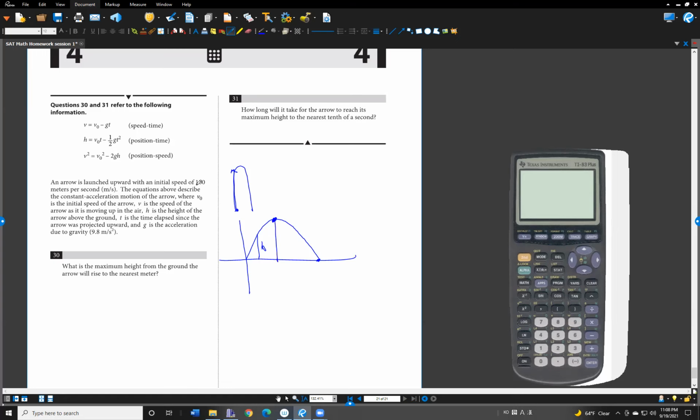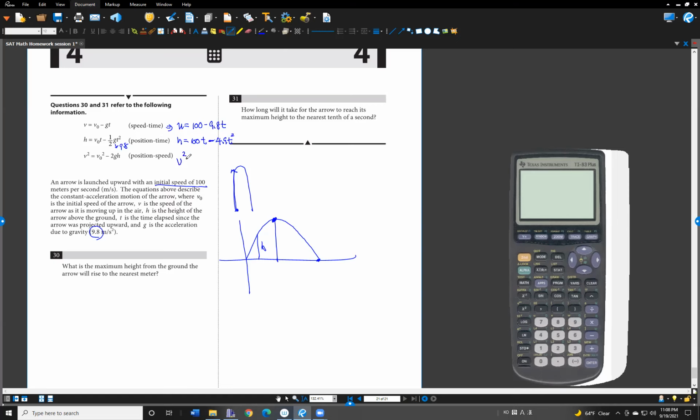They gave this initial value over here, so now put this number in. Final velocity is 100 minus g times t, with gravity 9.8. The second one: the height is 100 times t minus 1.2, that is, 9.8 divided by 2, which is 4.9 t squared.